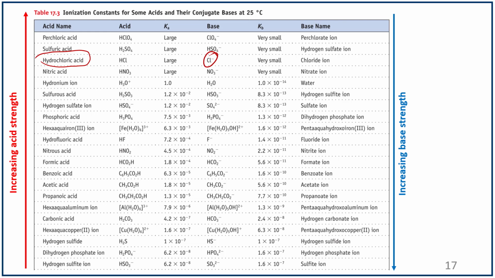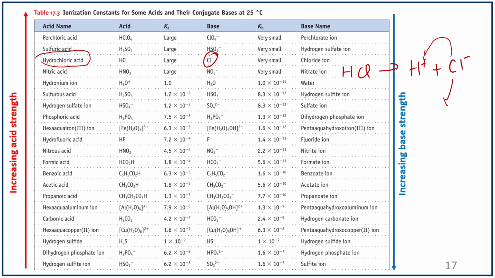And this makes sense because if hydrochloric acid breaks up completely into H plus and Cl minus, then if we say that Cl minus, or chloride ions, have basic properties, it would be willing to right away accept this proton, which basically gives back HCl. And that's not the case, because that's not how strong acids behave, remember.